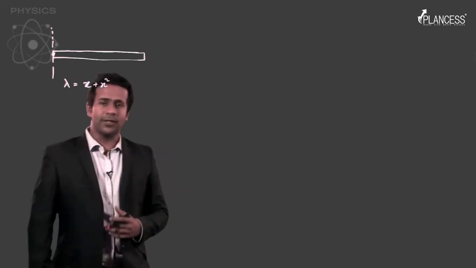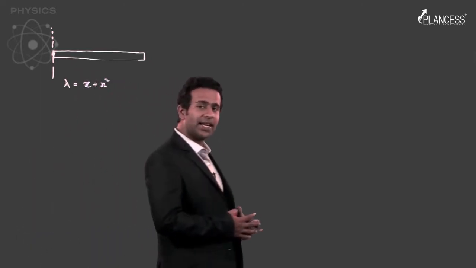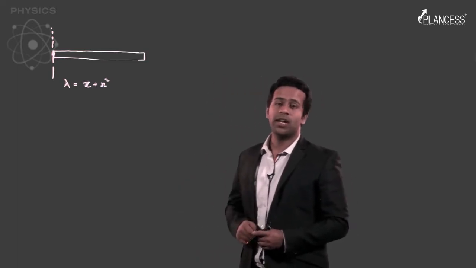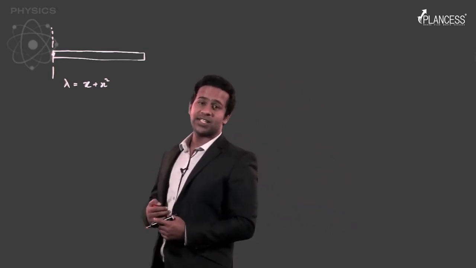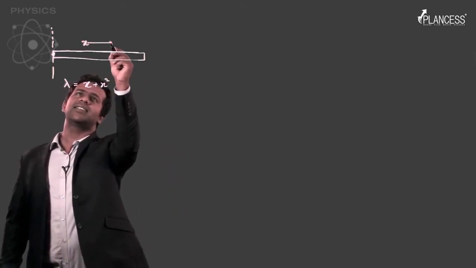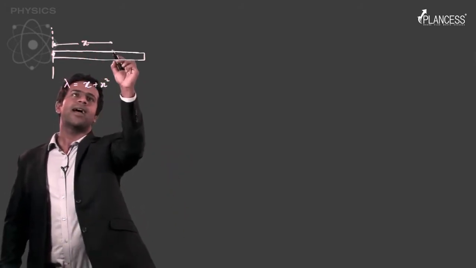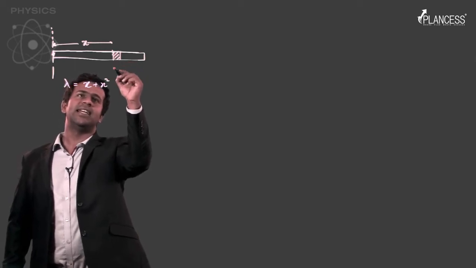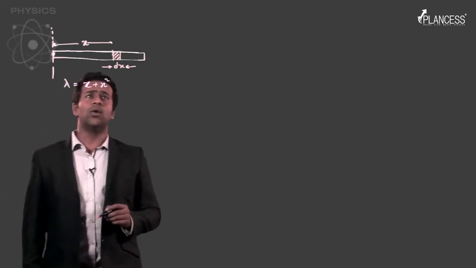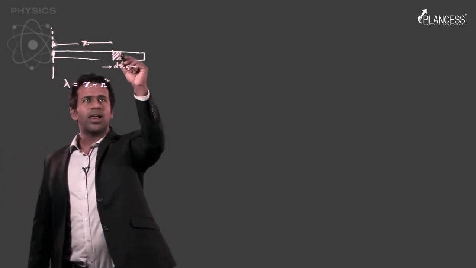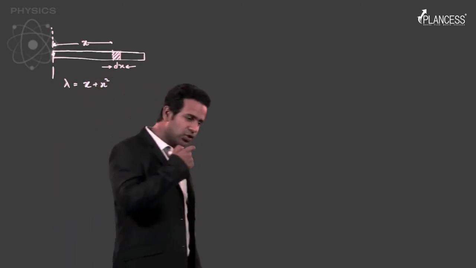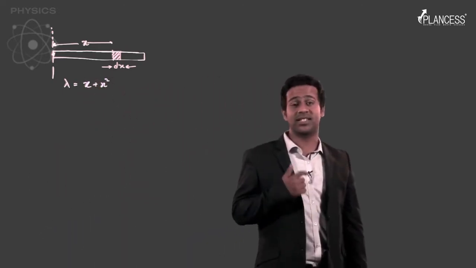Now to solve this, since we have a variable density, what we need to do is take very small elements where this variation can be ignored. So let's take an element at a distance x and of thickness dx. Even on the small element the density should vary, but the element is so small that the variation is negligible.